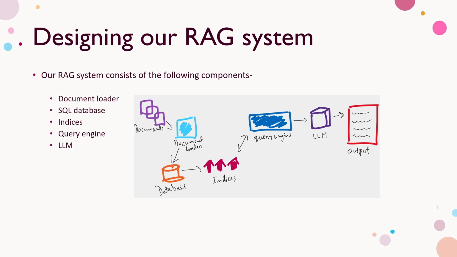Indices are pointers to different places in the database, which makes the fetching of the data easier and faster. The searching of the indices is made by the query engine, and then the query engine sends all this data to the large language model, and it augments the large language model's knowledge with the knowledge extracted from the database, and finally the large language model would present an output.